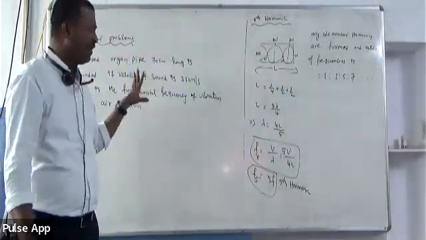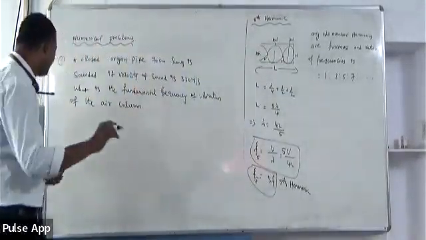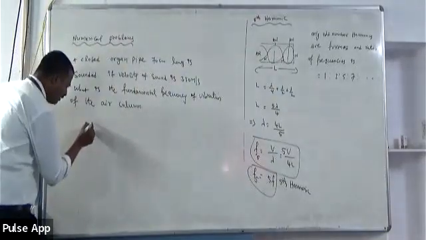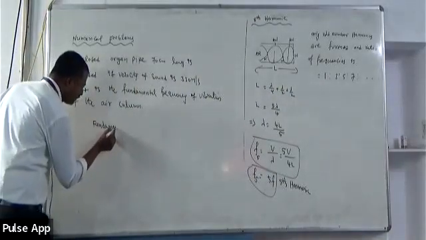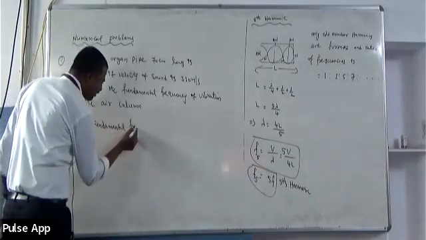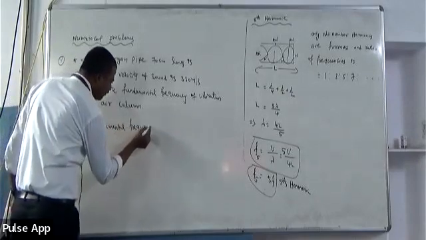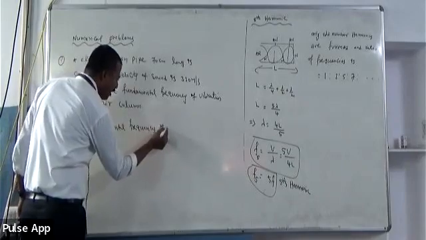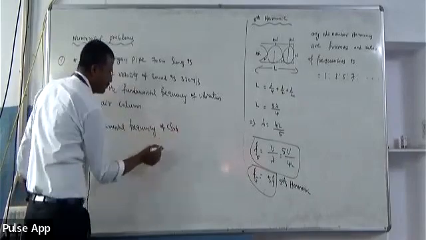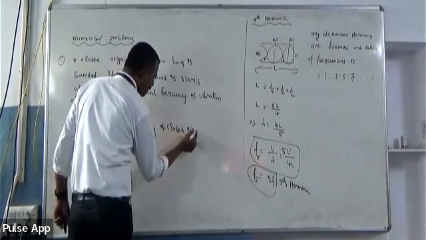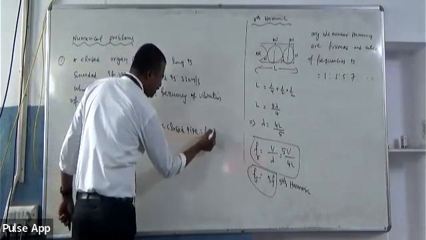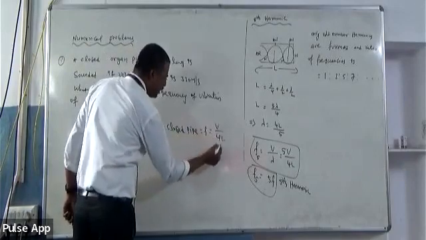Just now we have got the equation. The fundamental frequency of a closed pipe is F equal to V by 4L.